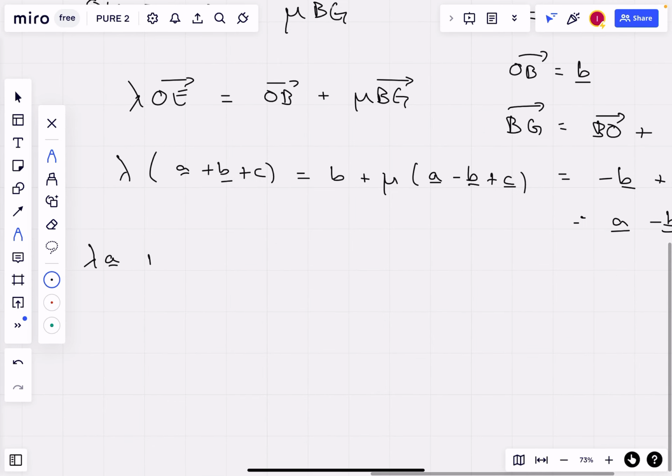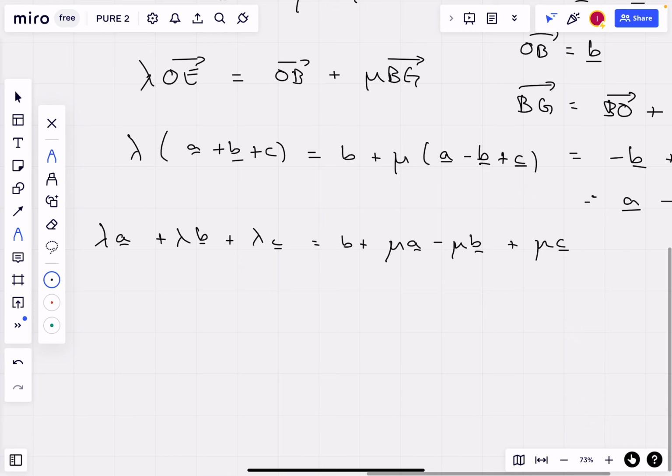Lambda A plus lambda B plus lambda C equals B plus mu A minus mu B plus mu C.